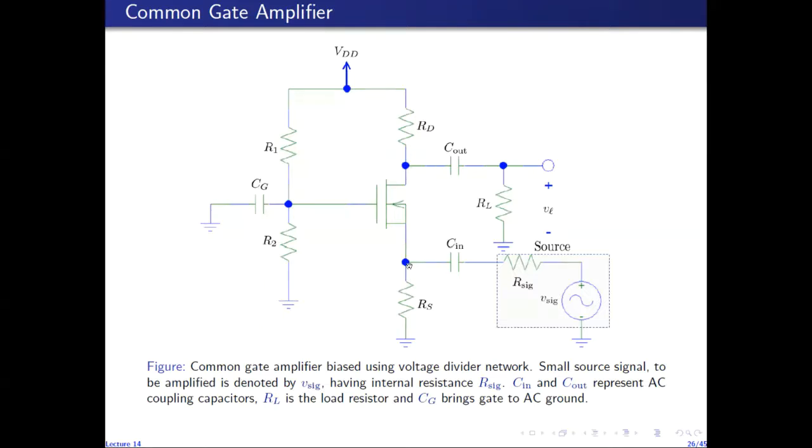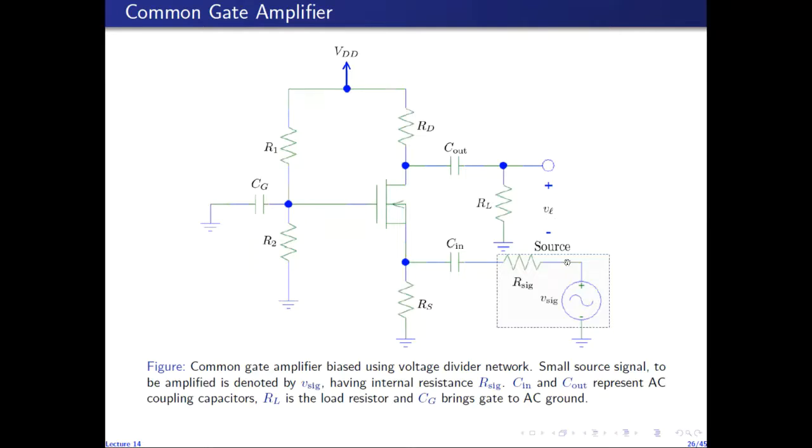Input is applied at the source through the coupling capacitor to avoid any interaction of the DC currents and voltages with the source signal, which is labeled VSIG, and RSIG models its internal resistance. And the output is taken from the drain, which is again coupled capacitively with the load RL, because we don't want the DC component of the output to appear at the load.